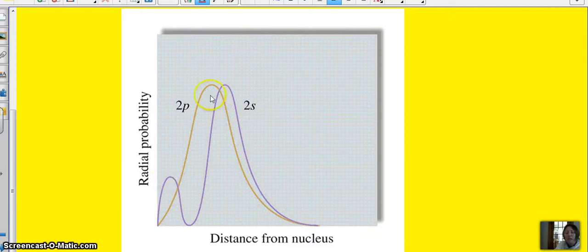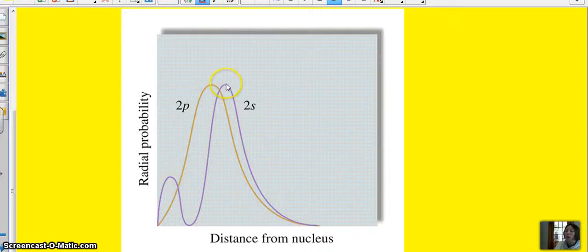And so because the S orbital, even though the electron in the S orbital spends most of its time farther away from the nucleus than P does, it is able to move closer at some point during its path, closer to the nucleus. And closer to the nucleus is lower in energy.